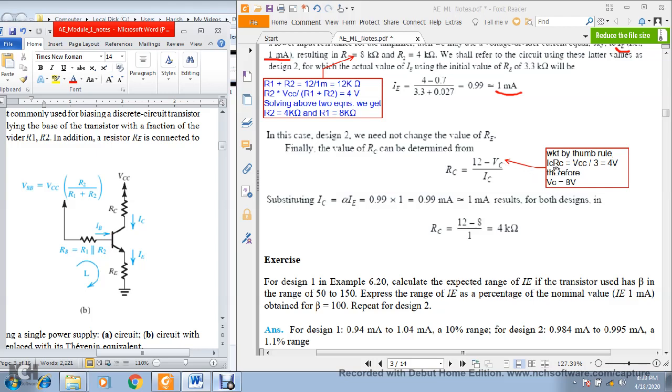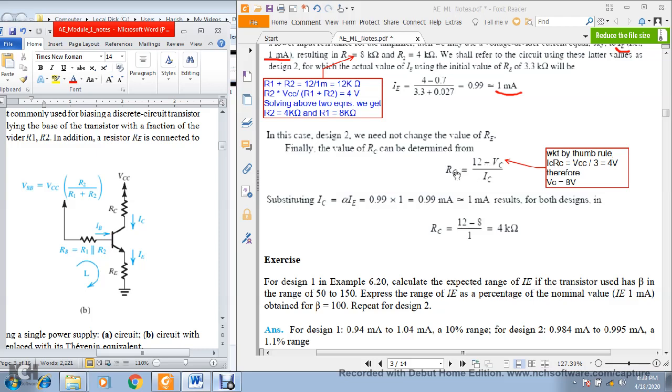But I know by the thumb rule ICRC is equal to VCC by 3. Right? It is a thumb rule for a proper design. Which is equal to 4 volts.